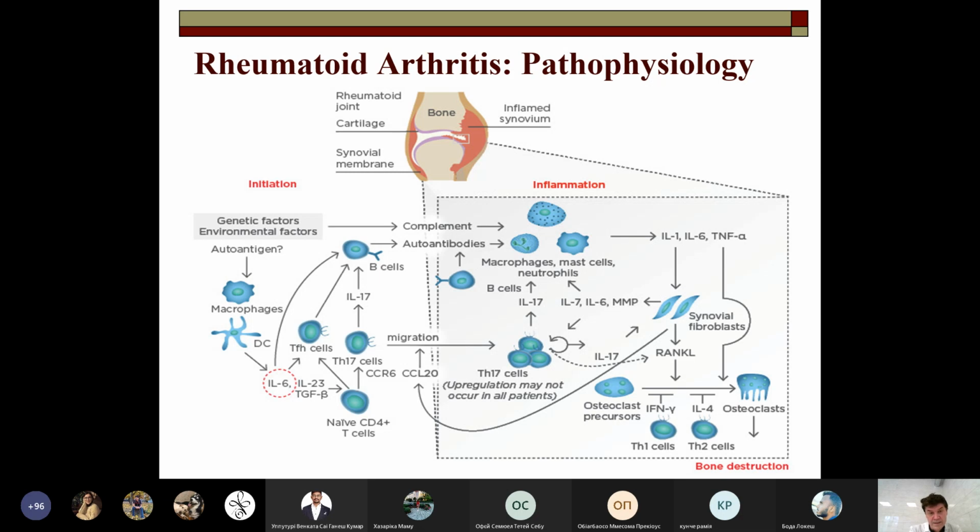But this process plays a pivotal role in the co-stimulation of B cells, and they preserve the clone of B cells in the follow-up and thereby lead to overproduction of pro-inflammatory cytokines, something like interleukin 6.